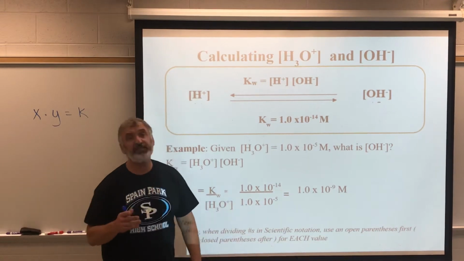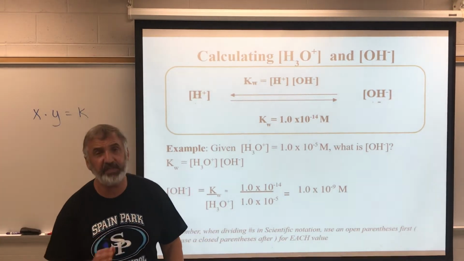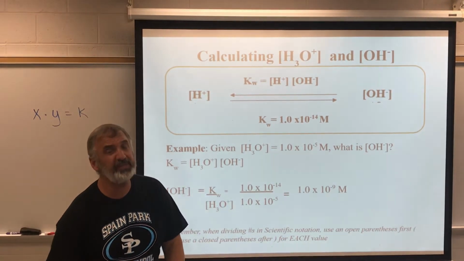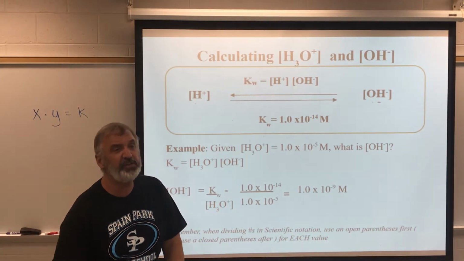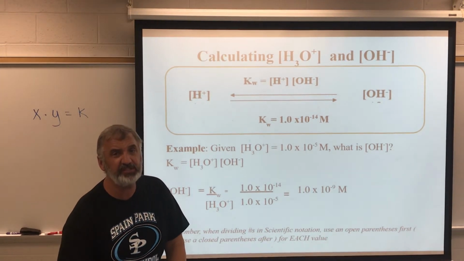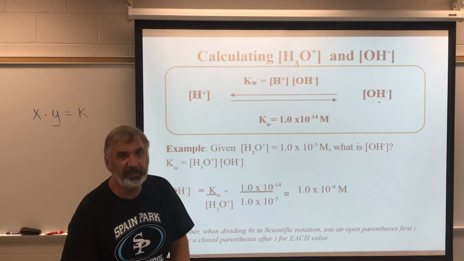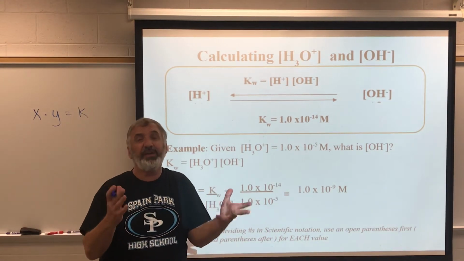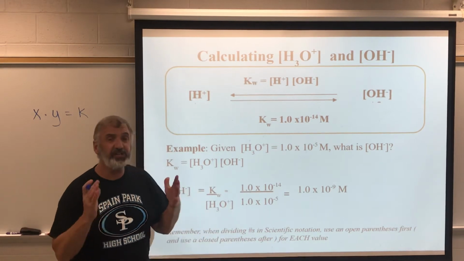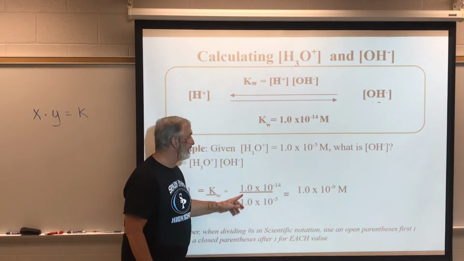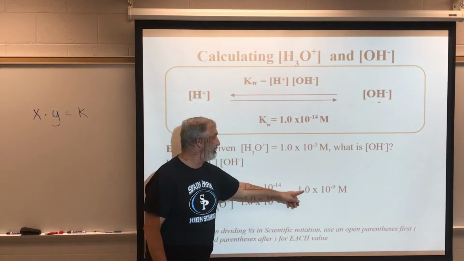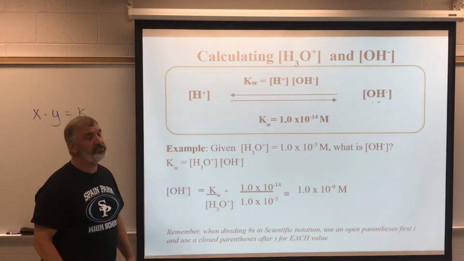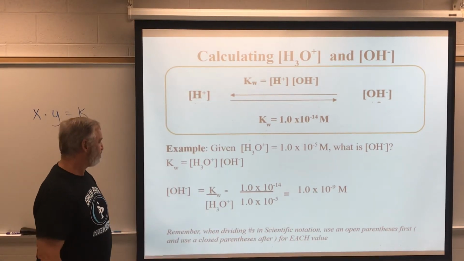Now you're going to need to know how to do scientific notation on your calculators. We did it at the beginning of the year. If you don't remember how to use scientific notation on your calculator, you've got to Google it, figure it out, ask a friend, something. We're not there to show you how to do it, but you need to be able to put scientific notation in and get these values. So you're just going to be expected to know how to do that.